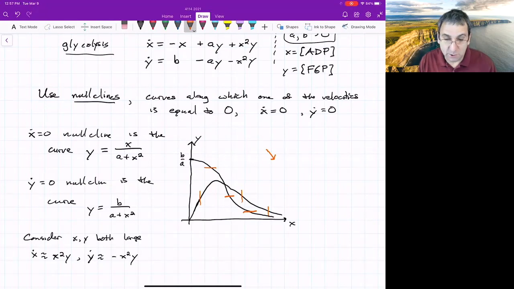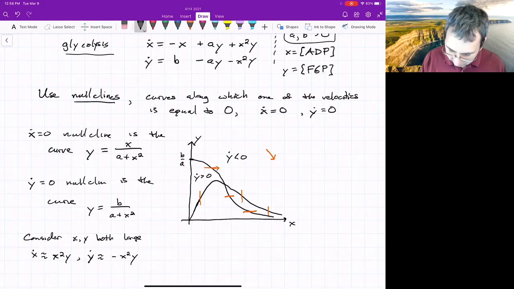And just by knowing that arrow, by continuity, we can find out the way the other arrows are going. So this curve here, the arrow needs to be pointing that way by continuity. If that was the y dot equals 0, that means that over here, y dot is less than 0. And to the left of that curve, y dot is greater than 0.